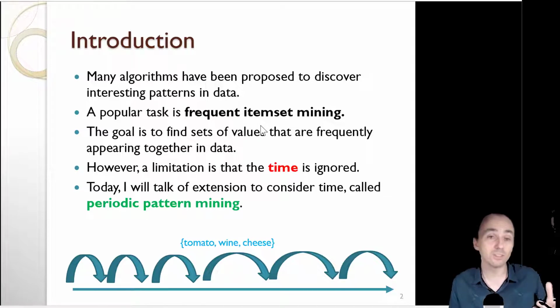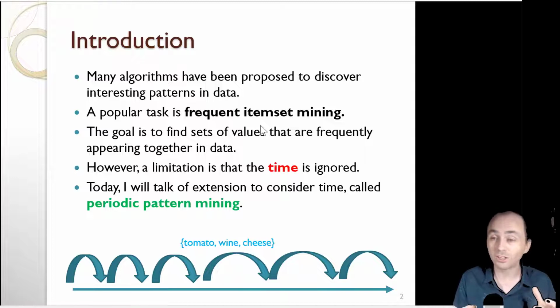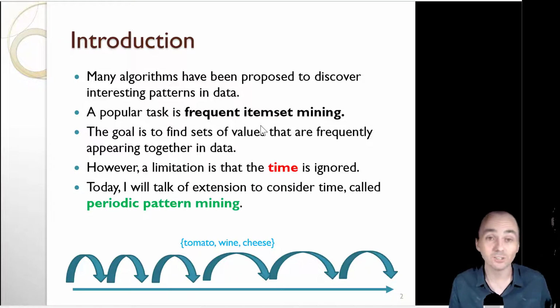So if you find this, maybe you can do marketing, do some promotion to try to increase the money and so on. Okay. So there have been a lot of papers about frequent itemset mining, and many applications also, not just for shopping.